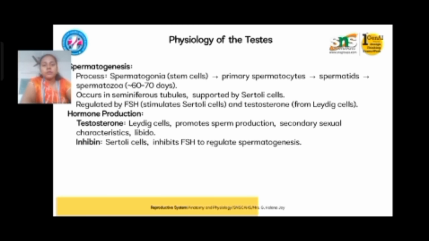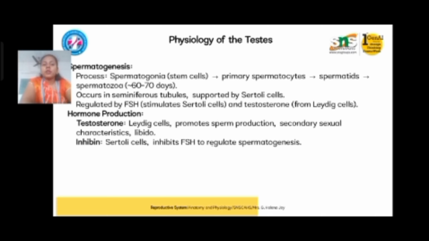The physiology of the testis is that it produces sperm through spermatogenesis. Spermatogenesis is where stem cells produce the sperm in the seminiferous tubules, supported by the Sertoli cells. These cells regulate the production of follicle stimulating hormone and testosterone.